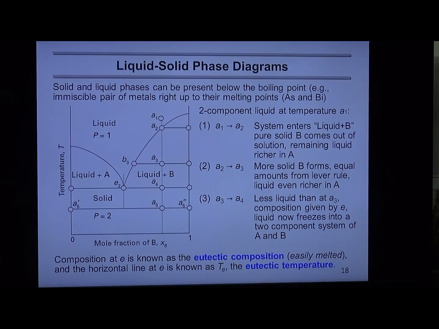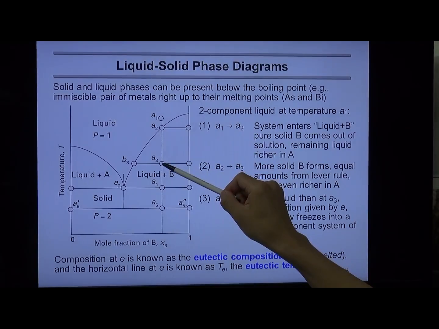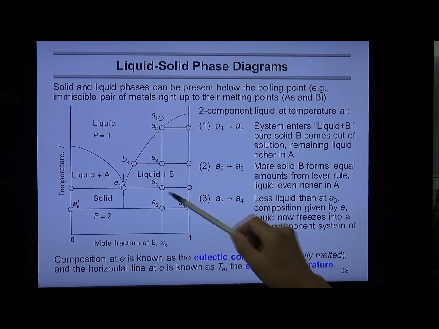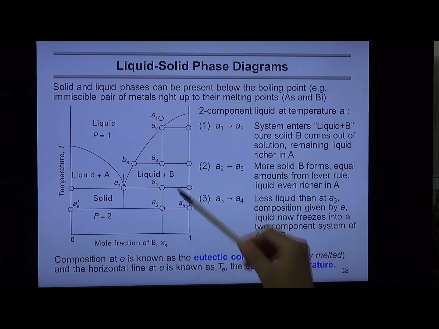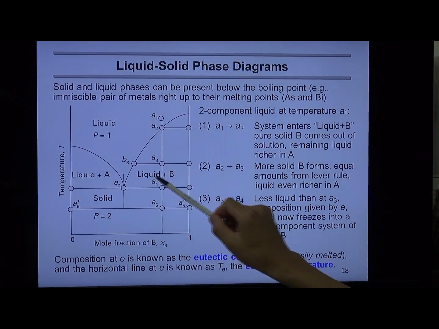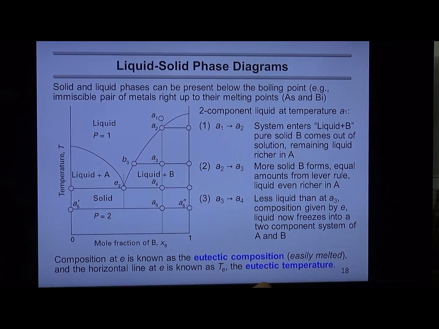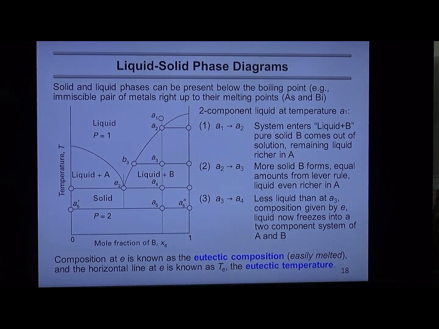Okay? So let's go down more. Let's lower the temperature. For example, at A3, more solid B forms. And in this region, there are two different phases, right? Liquid mixture and solid B. And the relative amount of each of these phases can be determined by the lever rule.